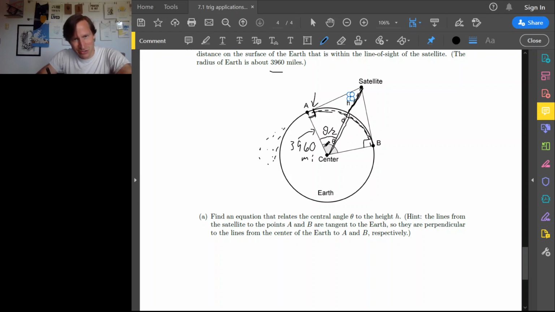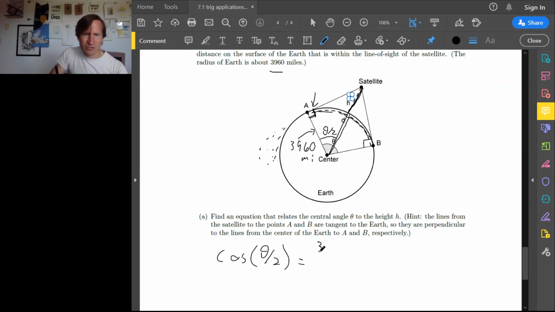So hypotenuse, also we know this adjacent side because that's a radius of the Earth. So we know the side adjacent to theta over 2. So it seems like since we have adjacent and hypotenuse, we should be using cosine. So let's see, cosine of that angle, and again, that angle is theta over 2, is the adjacent side, which is 3,960 miles.